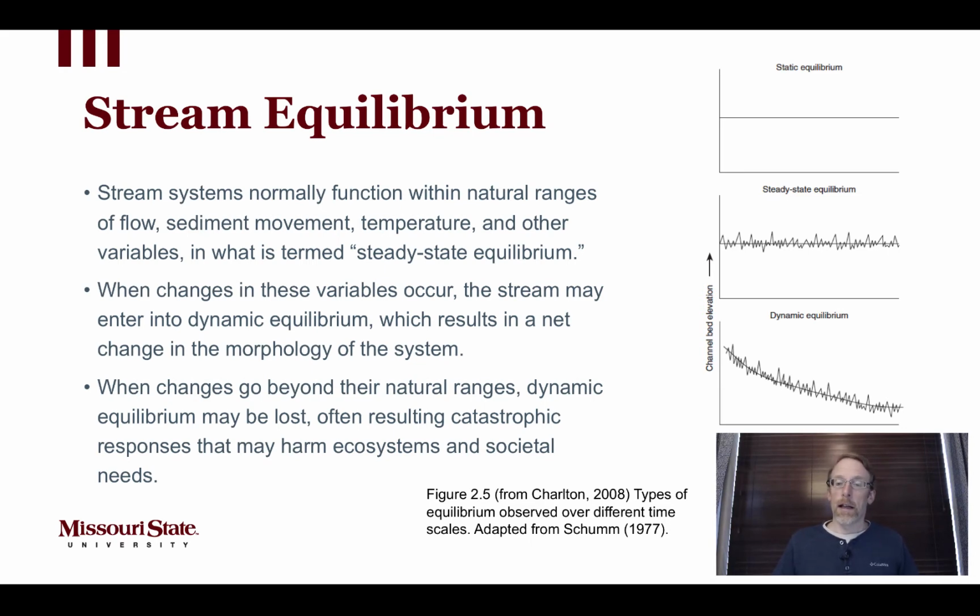They'll do that slowly and steadily in a dynamic equilibrium, where any one year might be wetter or drier, bigger flows, smaller flows, more erosion, less erosion, but through time they're averaging out to a steady trend in the downstream direction until they reach the base level, and then they'll come back to a more steady state equilibrium. Focus on the difference between steady state equilibrium, dynamic equilibrium, and the fact that streams should not be, and usually are not, in static equilibrium.